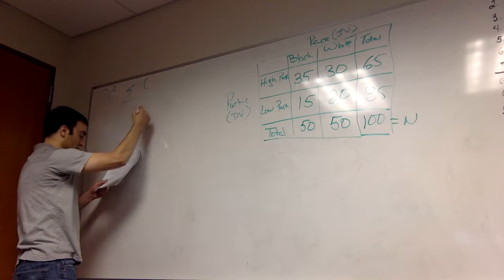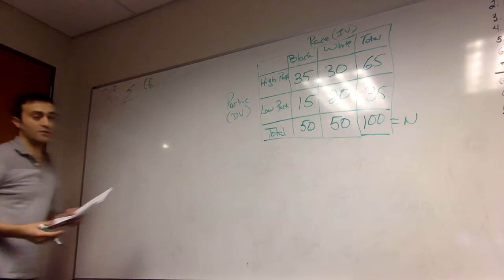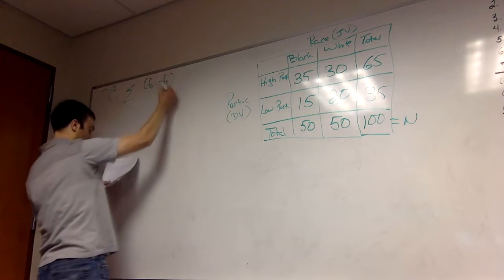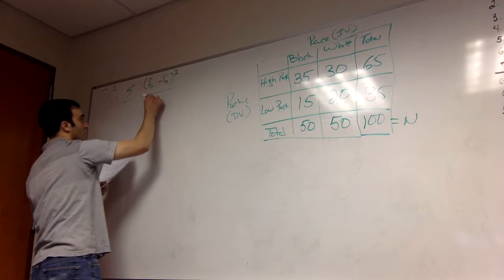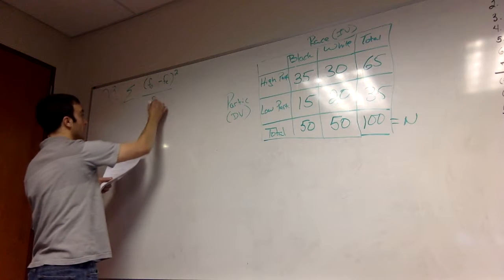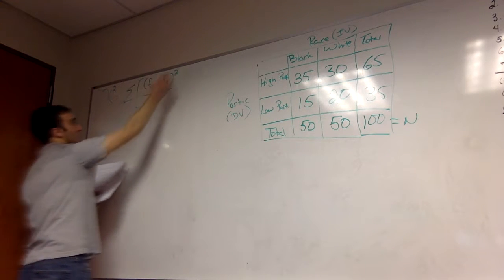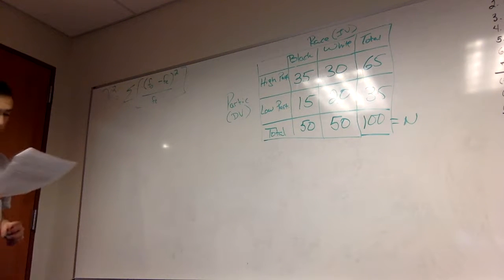In the numerator, you take the observed values minus the expected values, square it, over the expected. And this sigma, or summation, on the outside does that process at the very end.